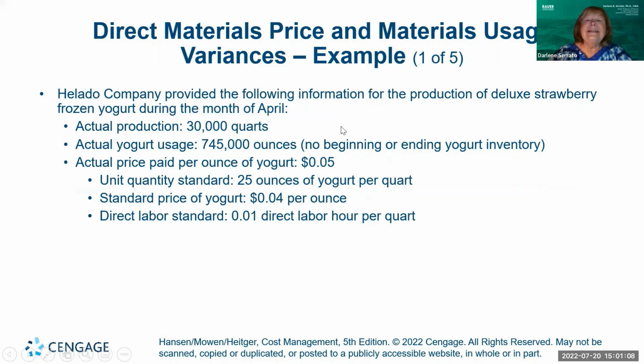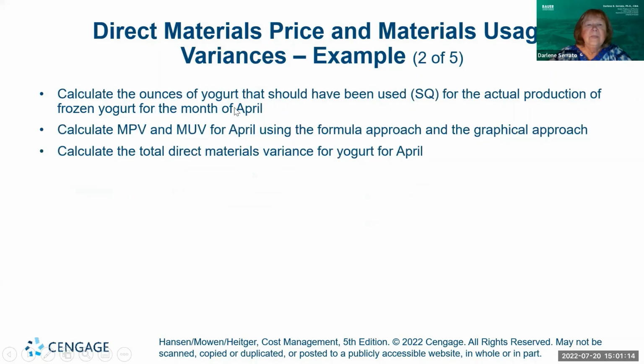So here's an example of the direct materials price and materials usage variances. We're looking at how much should have been used for the actual production for the month of April. We're going to calculate materials price variance and the materials usage variance.